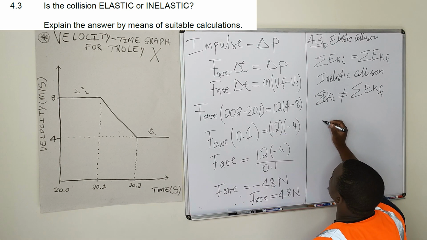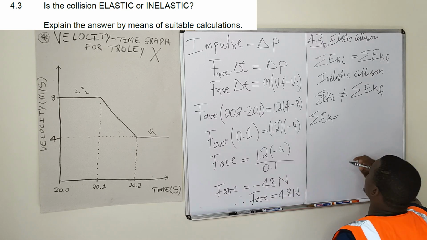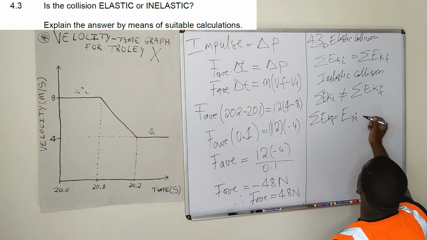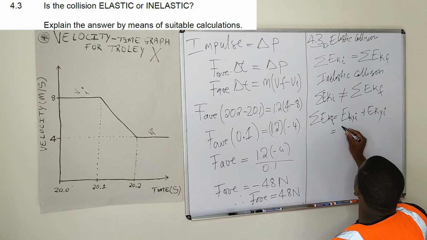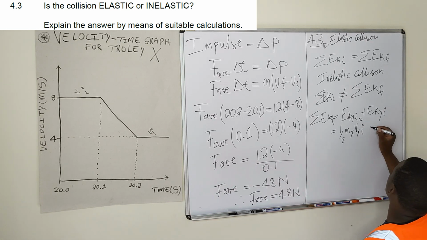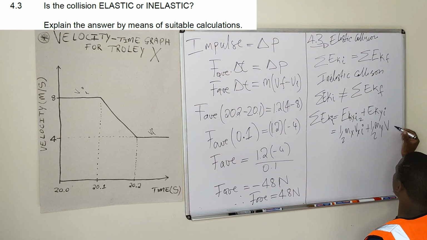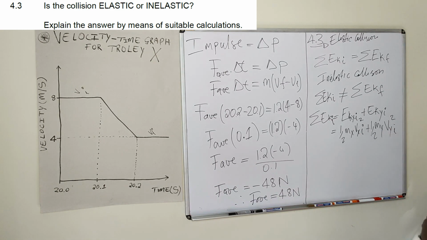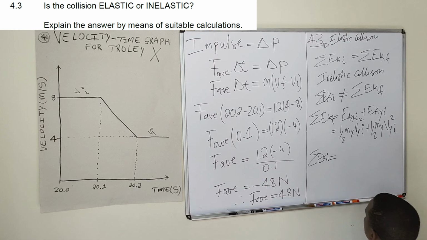So what do we say? The sum of EK initial is equal to the initial kinetic energy of X plus the initial kinetic energy of Y. So it's half M X V Xi squared, plus half of M Y, mass of trolley Y, times the initial velocity of trolley Y, not X. So let's calculate.